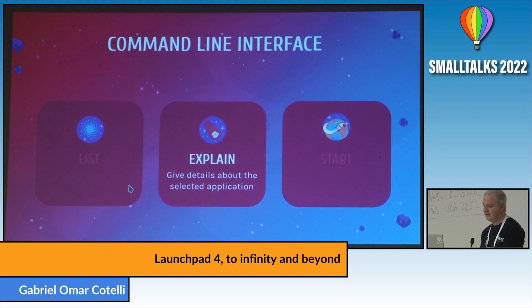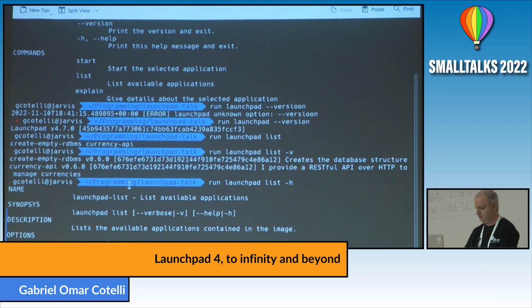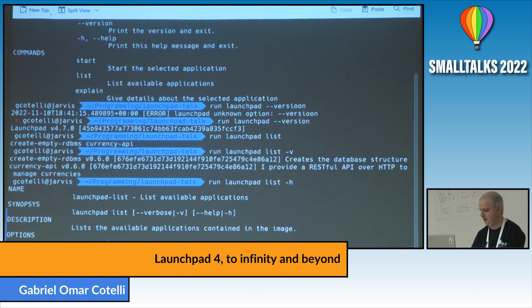The next one is explain. As its name implies, explain gives us detailed information about an application. So I will say Launchpad explain, and I will use one of the applications contained.